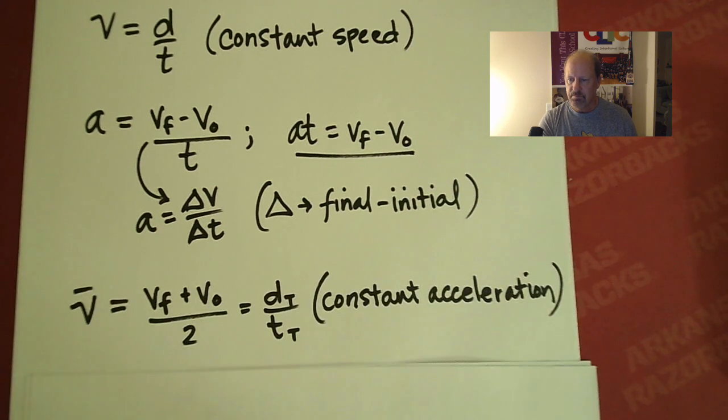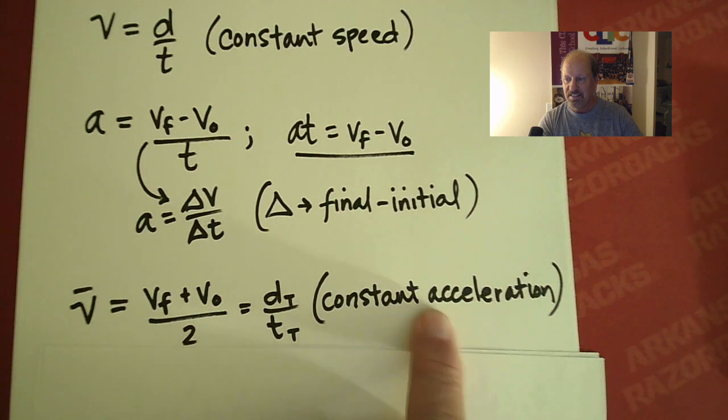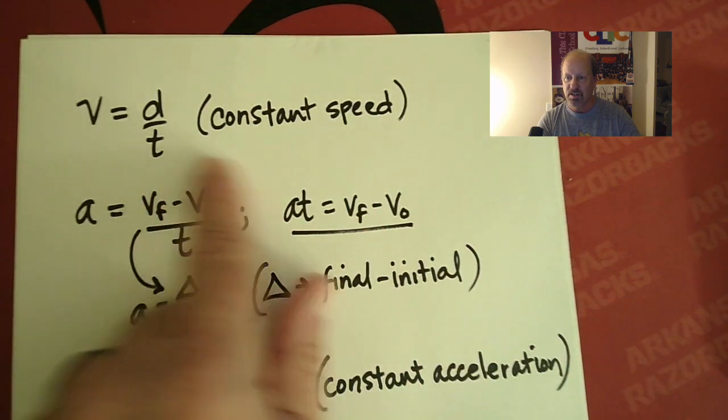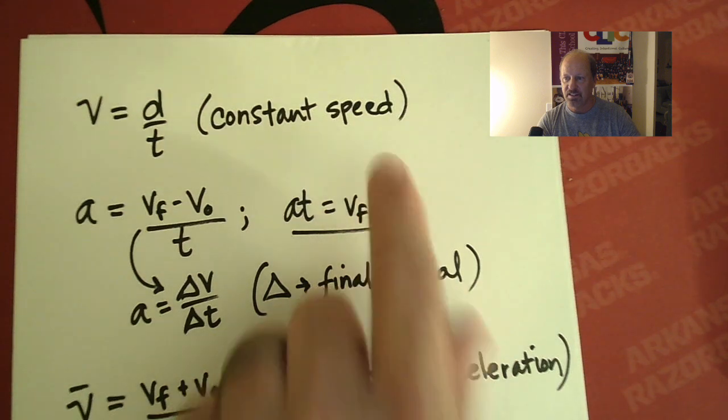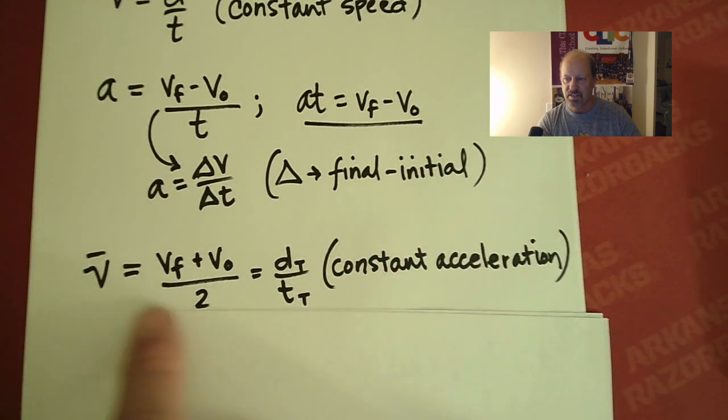So then we have the average velocity. This, with a line bar over the top, is average velocity for constant acceleration. Notice up here we were talking velocity for constant speed, if it's not accelerating. Down here we say if it's doing constant acceleration, then we can say the average velocity is equal to the end velocities, v final plus v initial, divided by 2.